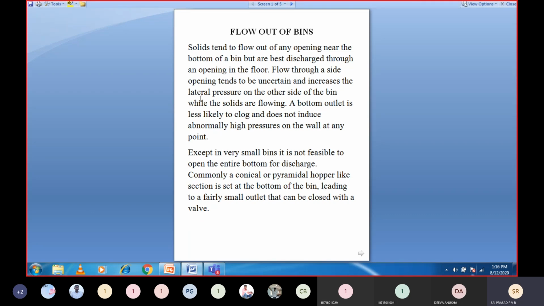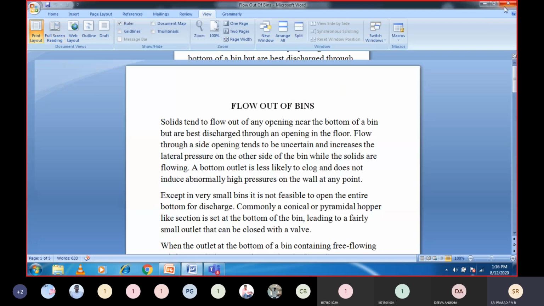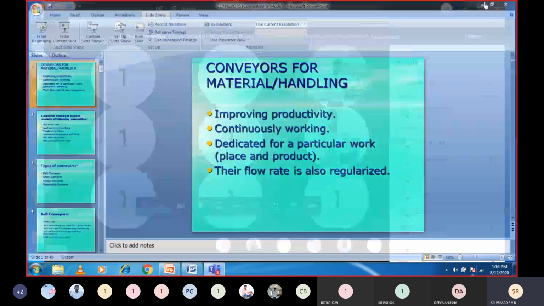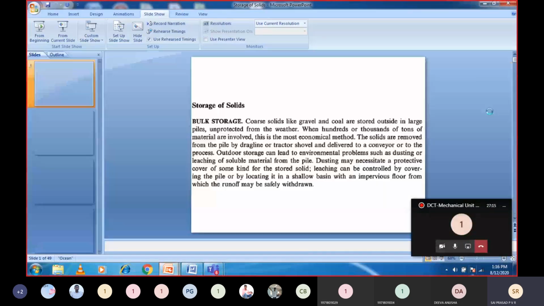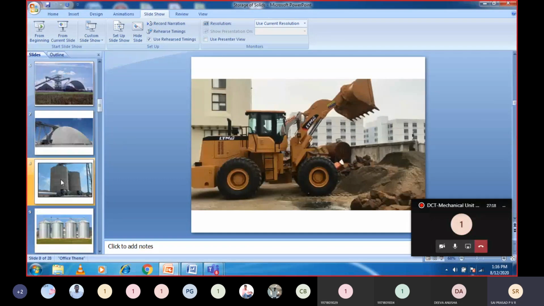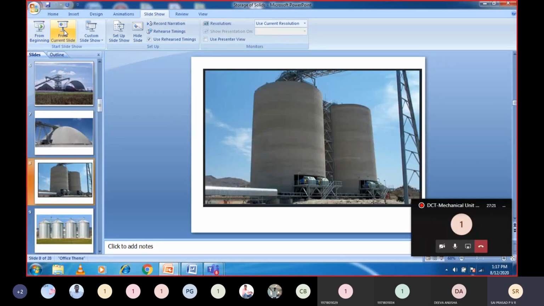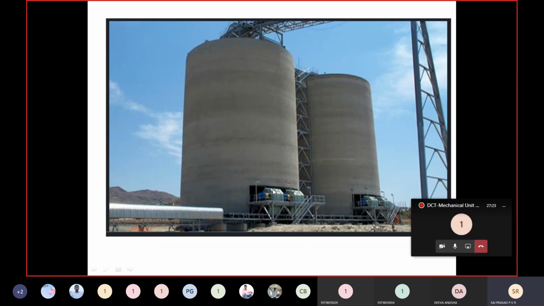Flow through a side opening tends to be uncertain and increases the lateral pressure on the other side of the bin while the solids are flowing. So, for example, here if you see, we are taking the feed from the side, isn't it?